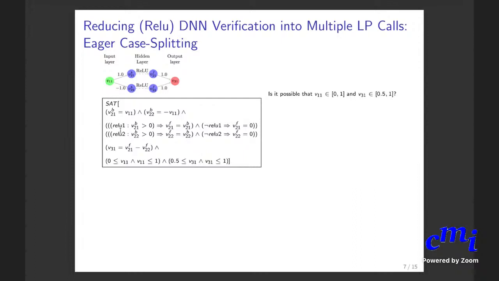By LP, what I mean is just a conjunction of linear inequalities, which I call an LP instance.